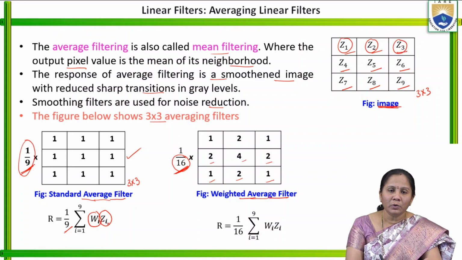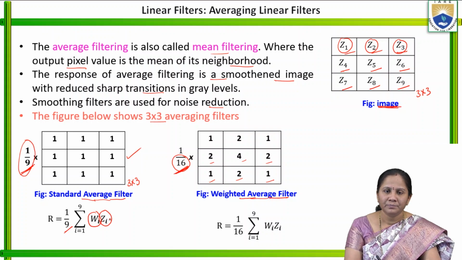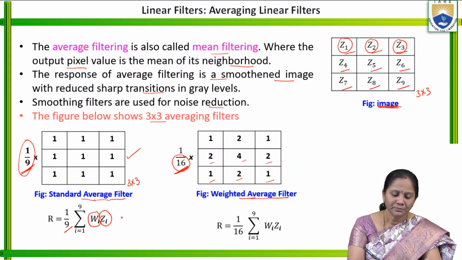So Wi into Zi is the weight present in the filter multiplied with each pixel value present in the image. You can consider these as W1, W2, W3, W4, W5, W6, W7, W8, W9.